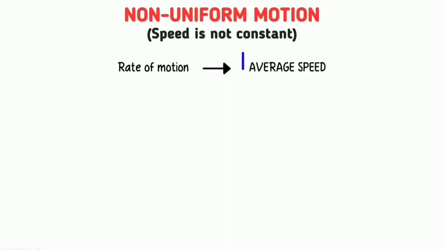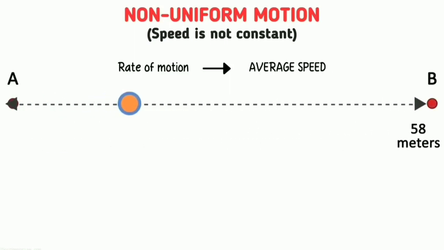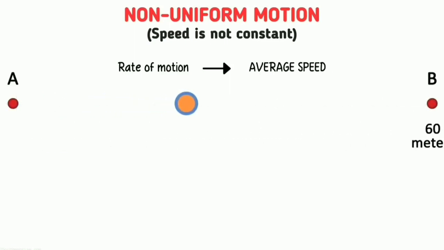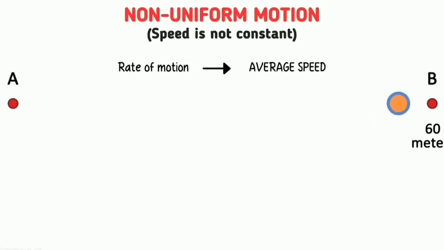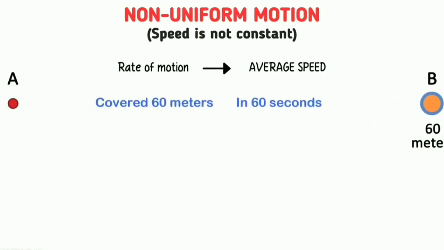So how can we derive average speed? This boy leaves point A to reach point B, which is 60 meters away from A. And he has been walking at varied rates of motion, basically non-uniform motion. He takes 60 seconds to reach point B. So he has covered 60 meters in 60 seconds. What is his speed? Can you tell?